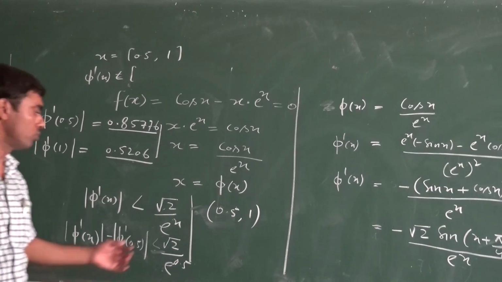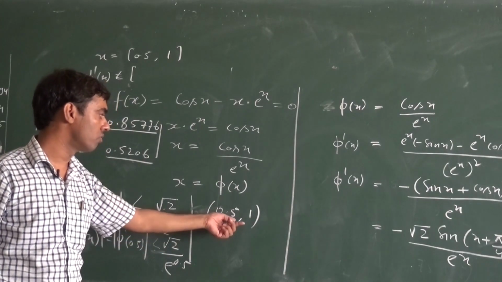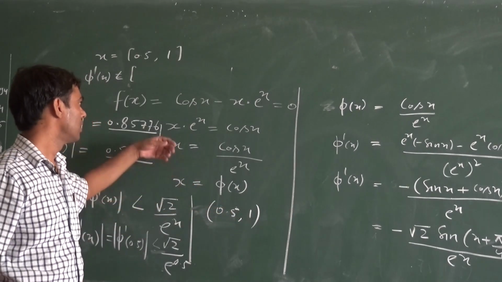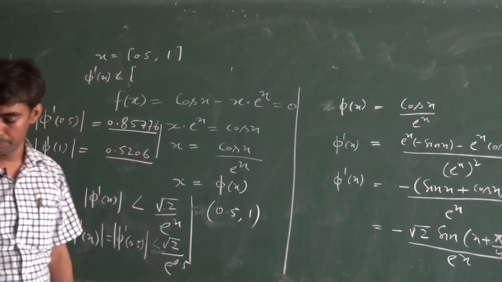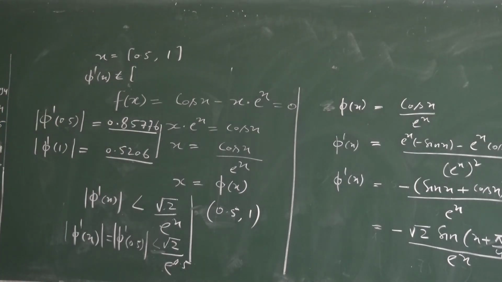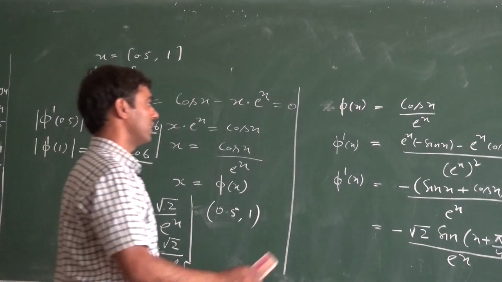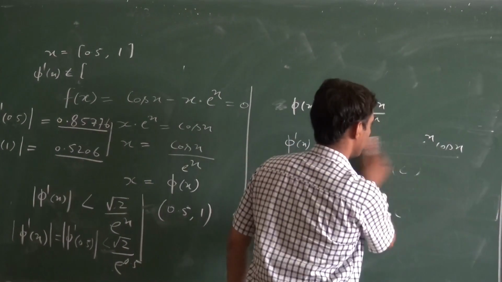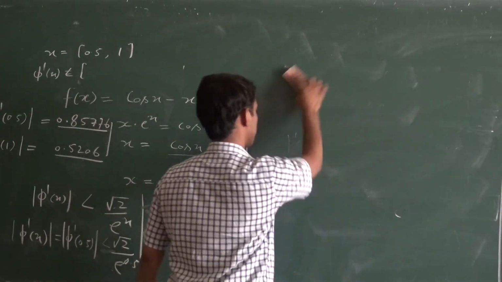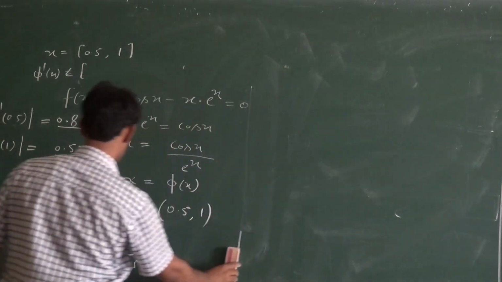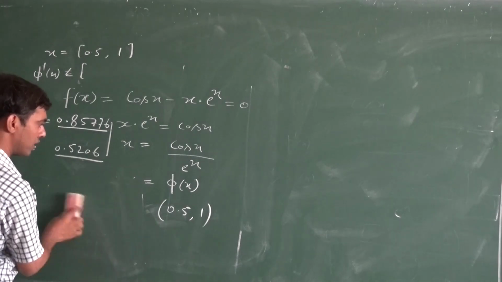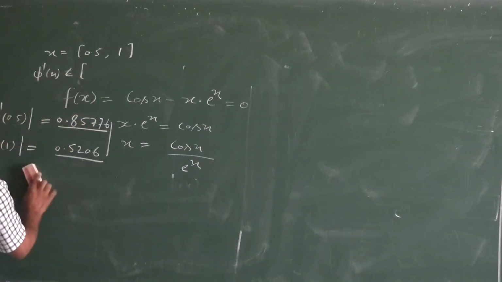So we are able to choose any arbitrary value from this class interval to start the iterative method. Now we have decided the class interval and φ(x), because mod of φ'(x) is less than 1 in the class interval 0.5 to 1.